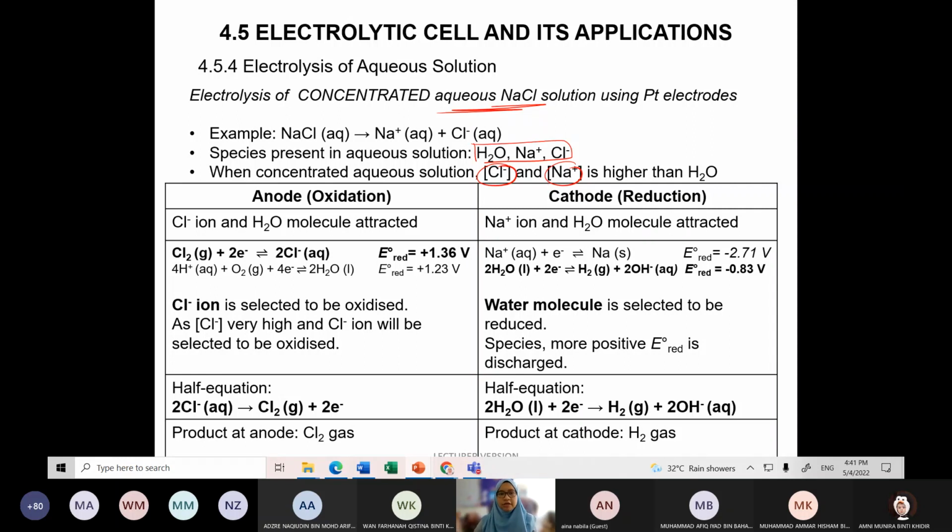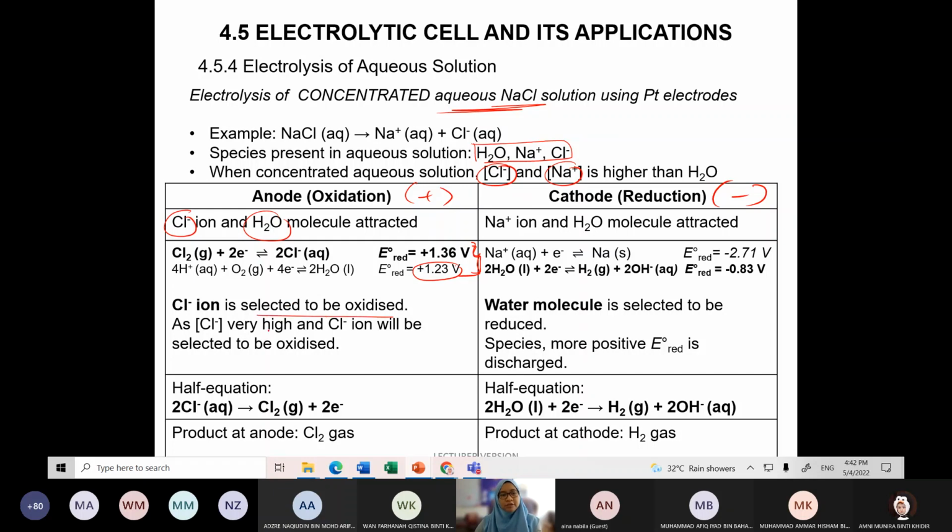So how do we select? At the anode, oxidation as usual, Cl- and H2O will be attracted. We base it on this value. Even though water is less negative, since the concentration of Cl- is higher than water, and as you can see, the difference is not that far, therefore Cl- will be chosen, or discharged, at the anode.